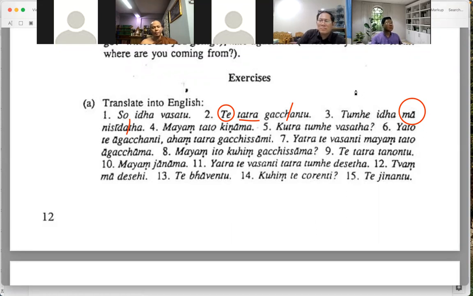Ida means here. May you not sit here, or you may not sit here, or don't sit down here. In this way, by analyzing the verb, translating Pali into English becomes easier for us.